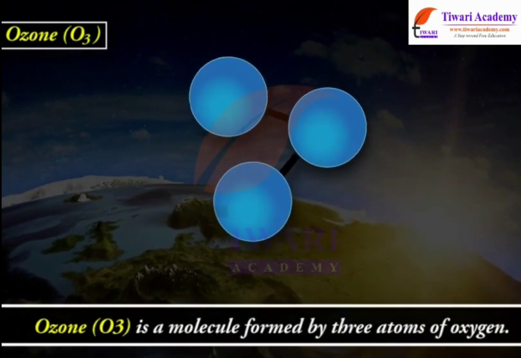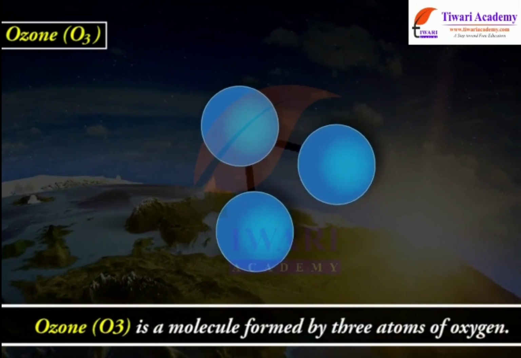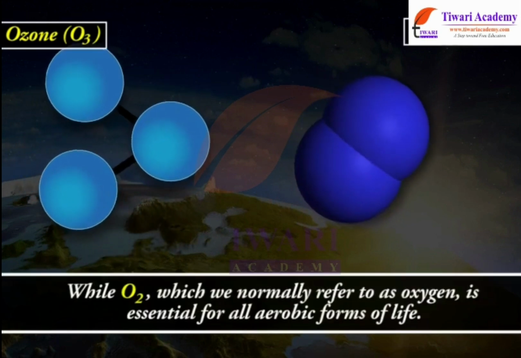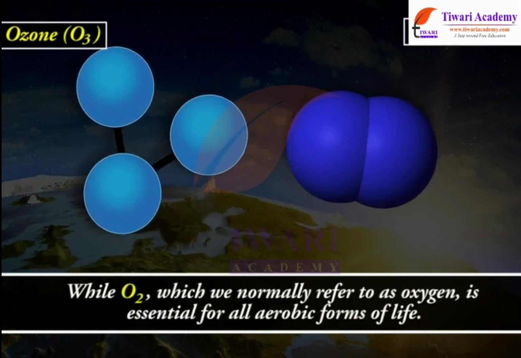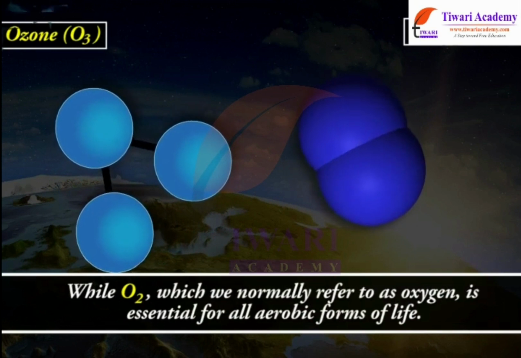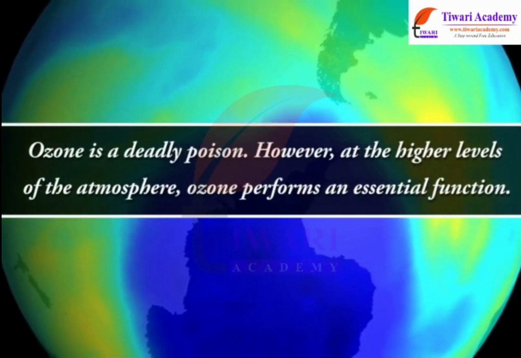Ozone, O3, is a molecule formed by 3 atoms of oxygen, while O2, which we normally refer to as oxygen, is essential for all aerobic forms of life. Ozone is a deadly poison.